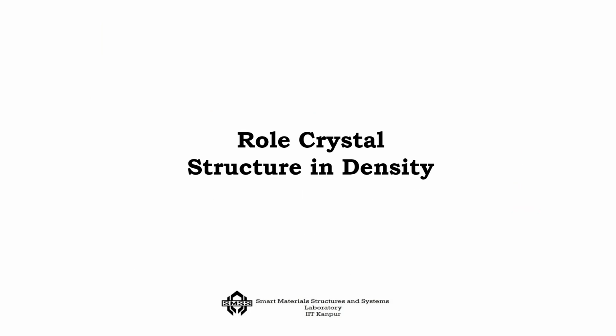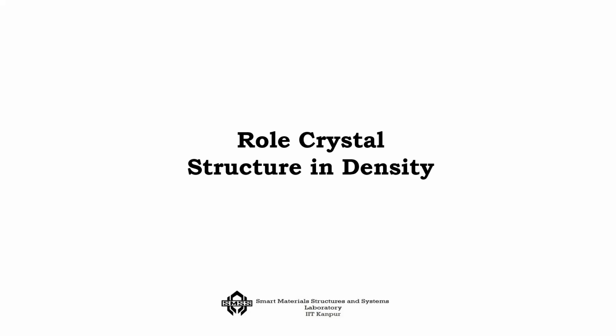The moment we ask this question and start to look around at all the materials, most of the functional materials are of the metallic category. Later on we will talk about composites, which today are of similar capacity, if not more. But for metals, their density comes because of their crystal structure. That is why I said that the role of crystal structure needs to be understood if we have to understand the source of density in a metal.